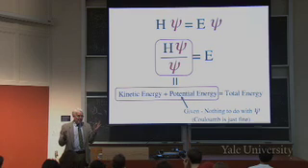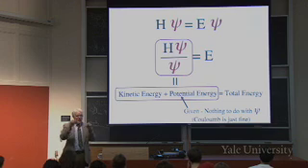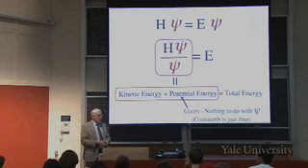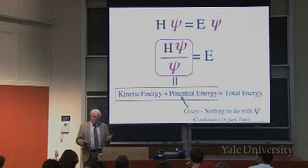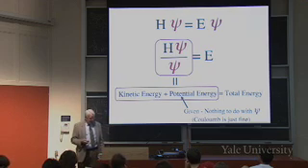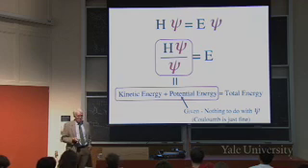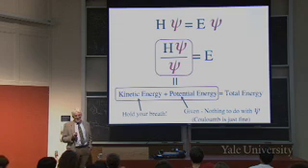It might be complicated. You might have to write an Excel program or something to do it, but you could calculate the distances and the charges and so on, and what the energy is due to that. So that part is really given to you once you know what system you're dealing with, the recipe for finding the potential energy. So that part of H psi over psi is no problem at all. But hold your breath on kinetic energy.